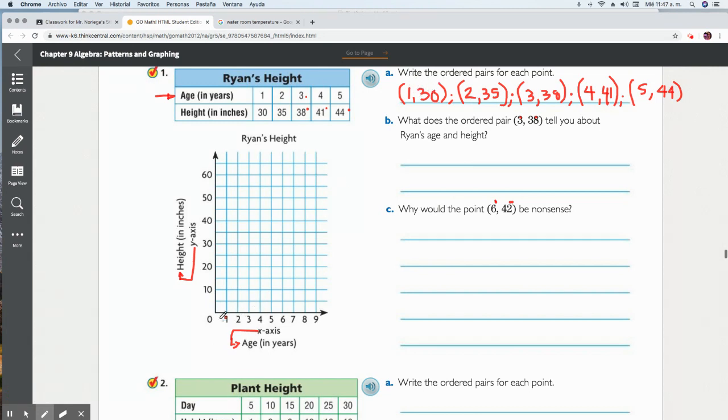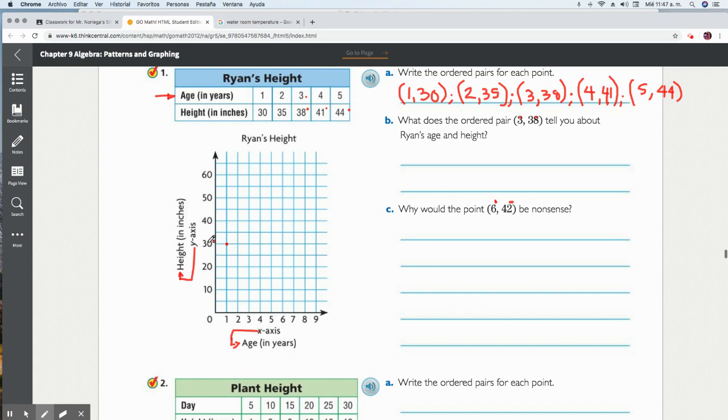So for 1, we're going to walk 1 step to the right and 30 steps going up. So that would be our first point. I'm not going to label it this time because it doesn't say to label it. Number 2, so 2 years old, 35 inches. So 2 to the right and 35 inches.